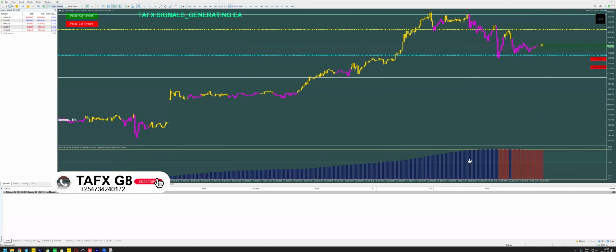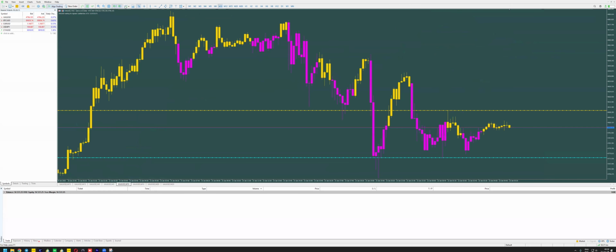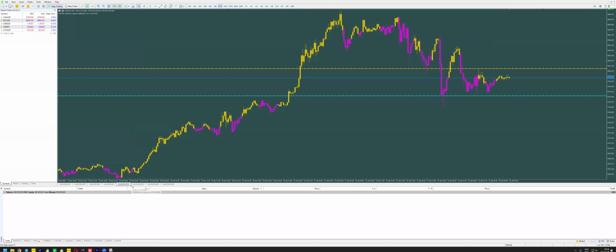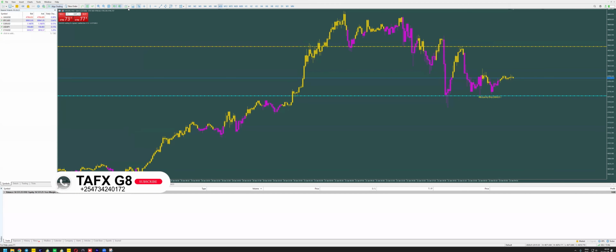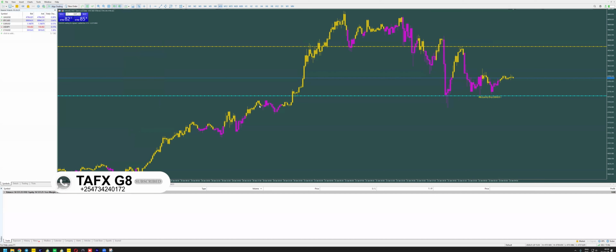And the system by itself, signal generating EA, is with the second minute 15 confirmation. Hope that is clear. So the other charts that you open, we can see this is minute 10, where now we have minute 15 confirmation one, and the second, we have second minute 15 confirmation.